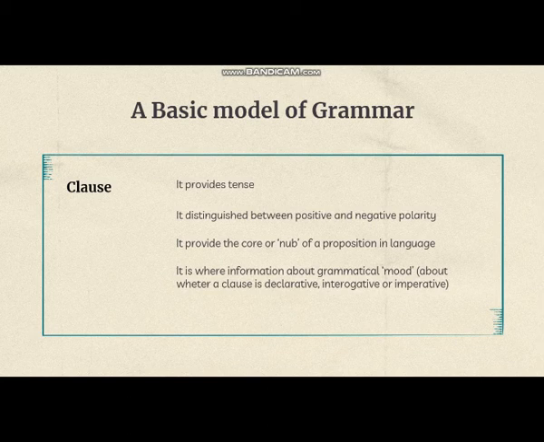It also provides the core, or the nub, of a proposition in language. And then it is where the information about grammatical mood, about whether a clause is declarative, interrogative, or imperative, is situated. Therefore, the clause will be the principal focus of interest in the following discussion.